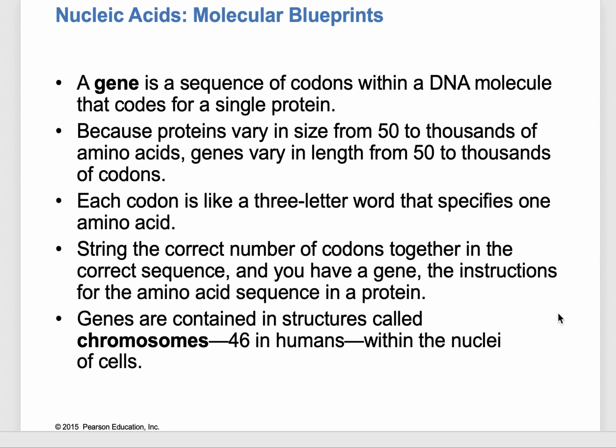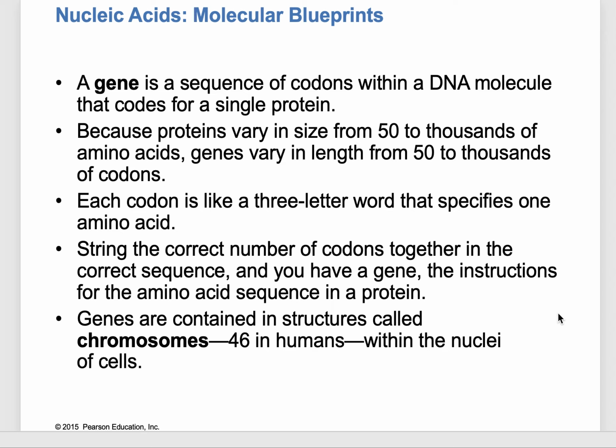Okay, what is a gene? It's a sequence of codons in DNA molecules that codes for one single protein. Because proteins vary in size from 50 amino acids to thousands of amino acids, genes vary too in length from 50 to thousands of codons. And remember, each codon has three nucleotides or three bases.